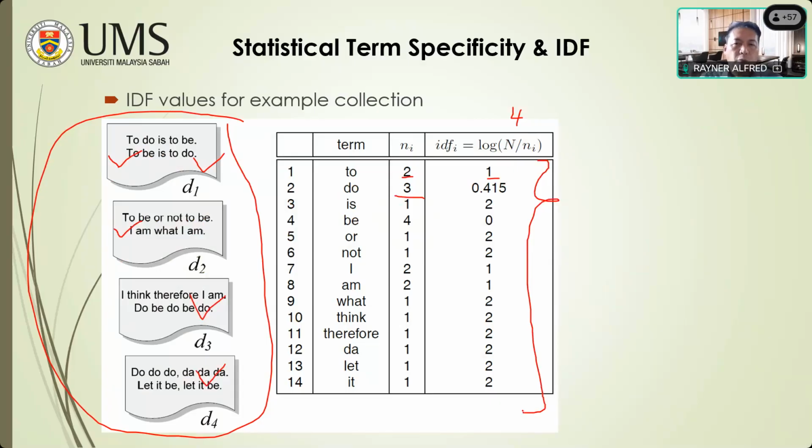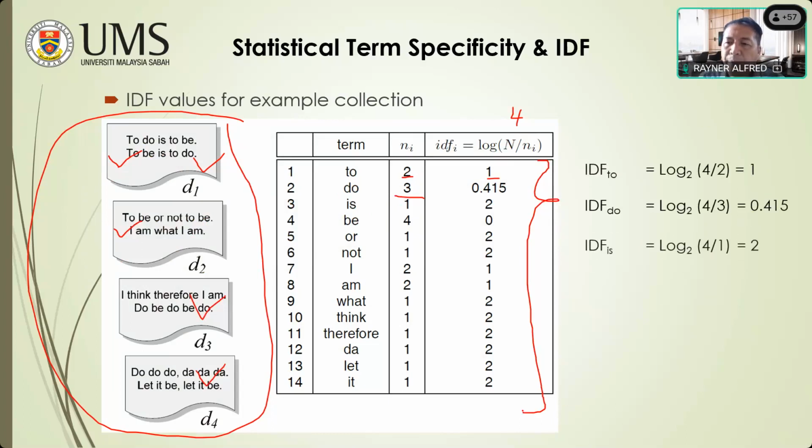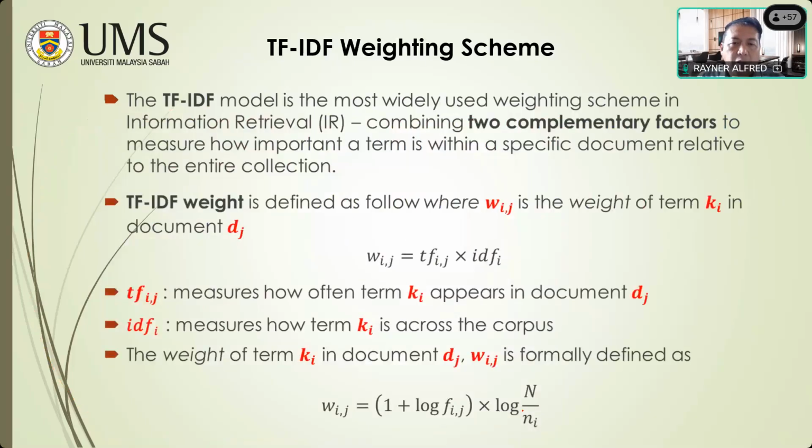So in order to complete the computation of TF-IDF, we have to multiply them with the term frequency. Okay, so this is just to show you how to calculate the IDF. So the final formula is basically multiplying the term frequency with the IDF.